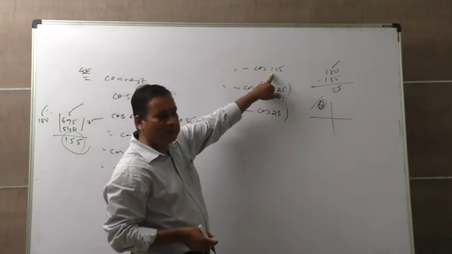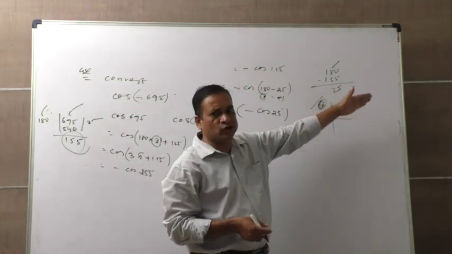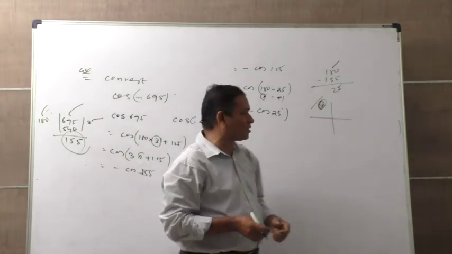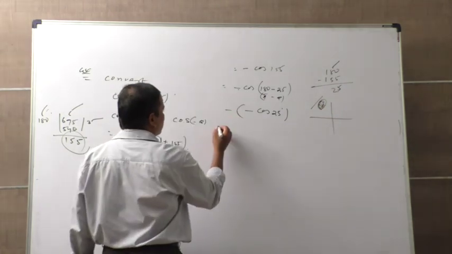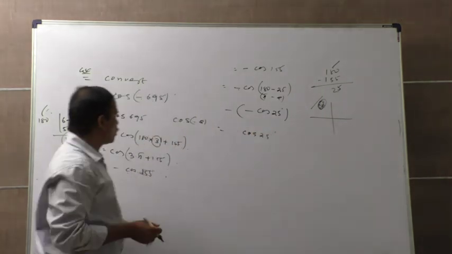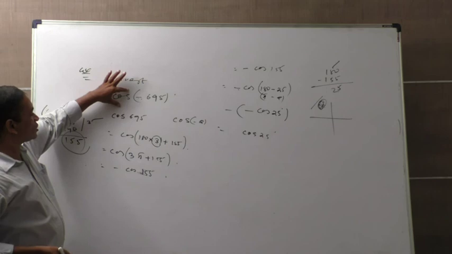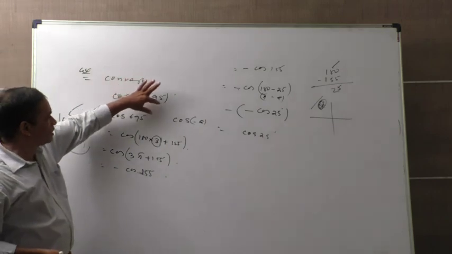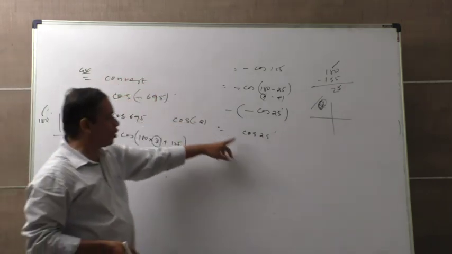We converted to the nearest pi values, pi, 2 pi, 3 pi like this. So the minus and minus give plus cos 25 degrees. So cos of minus 695 is equal to cos 25.